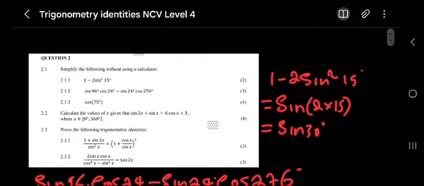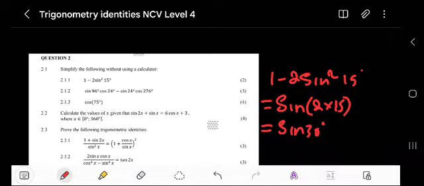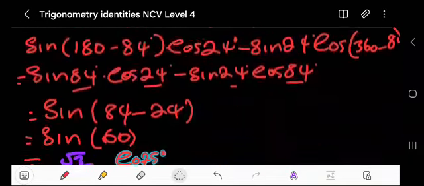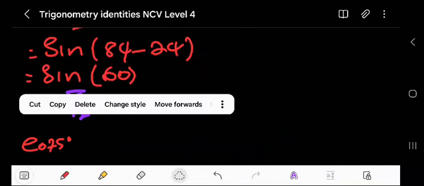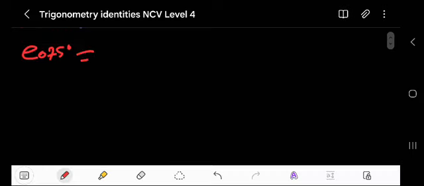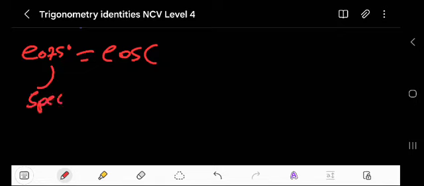Okay, so question 2.3, we're given cos 75 degrees. We want to rewrite cos 75 degrees. Apply your special angles, guys.